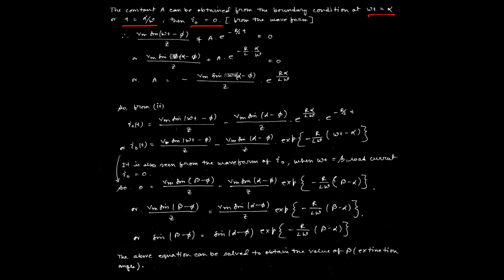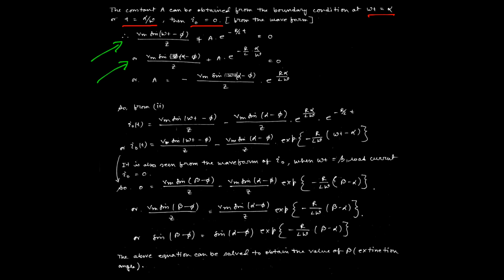So we can write the expression, that is Vm sin (omega t minus alpha) by z plus A into e to the power minus R by L into t, that should be equal to 0, as I0 equal to 0. After simplification we have Vm sin (alpha minus phi) divided by z plus A into e to the power minus R by L into t equal to 0.